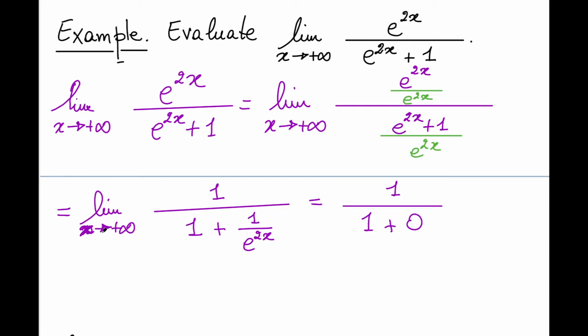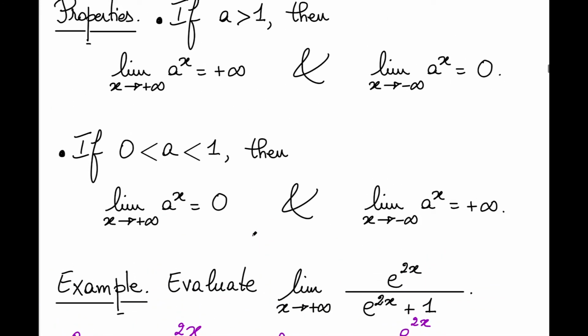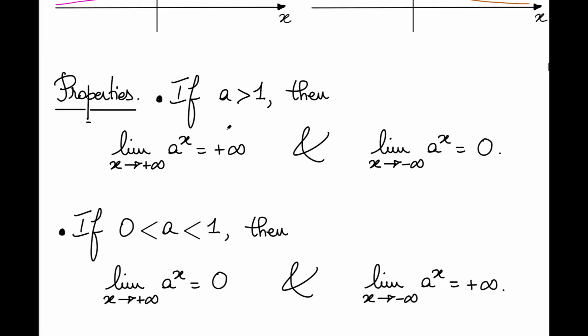If x is going to plus infinity, twice x is also going to plus infinity. e to the power twice x is going to plus infinity, because if the base is bigger than 1 and the exponent is going to plus infinity, then a to the power of that number is also going to plus infinity.